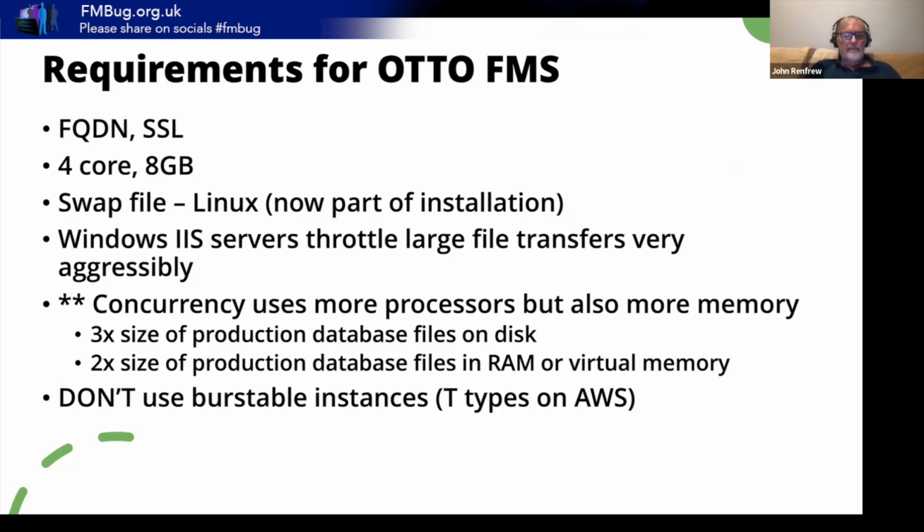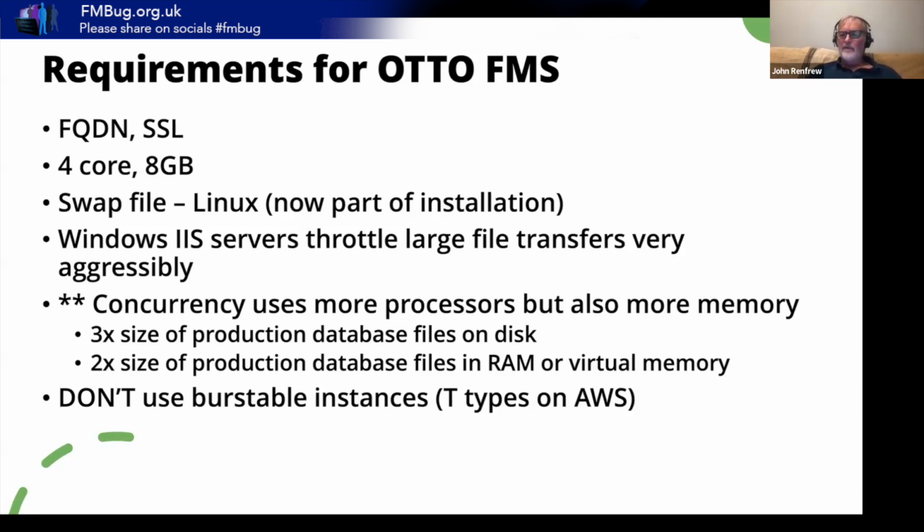The minimum you need is 4 core and 8 gig to run it, because it's doing some quite difficult tasks. So don't try and run it on a tiny, tiny little test server, because you'll almost certainly have a disappointing experience. If you're on Windows servers, to do bits of the transfer, it has to use IIS.